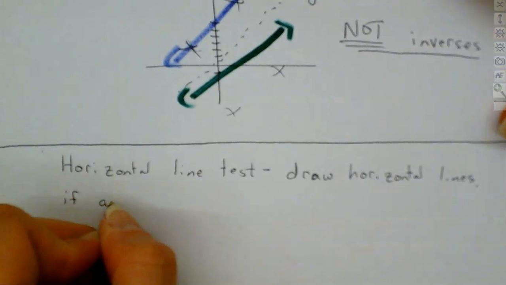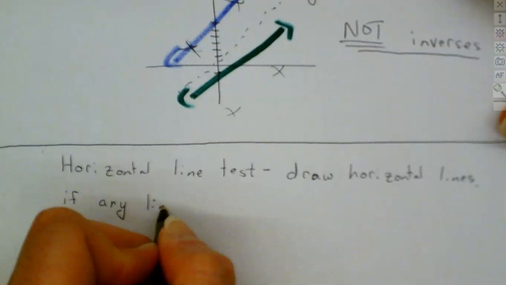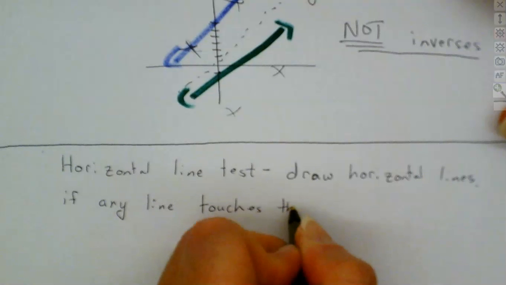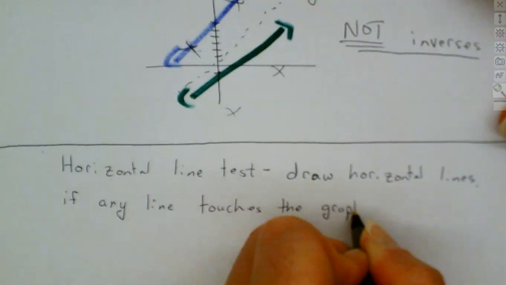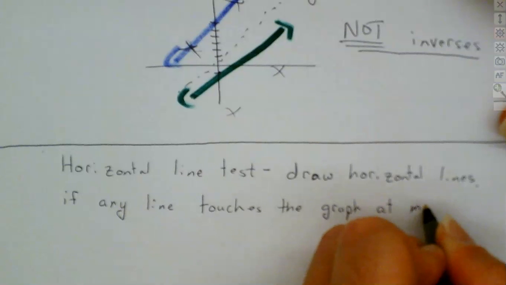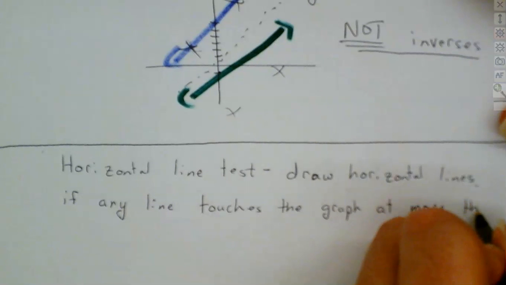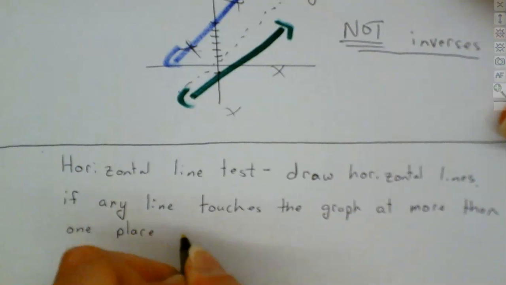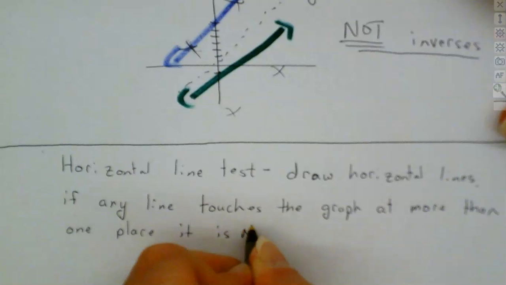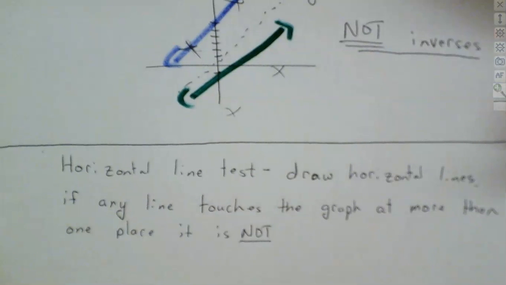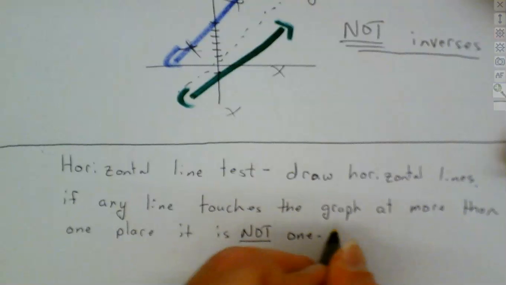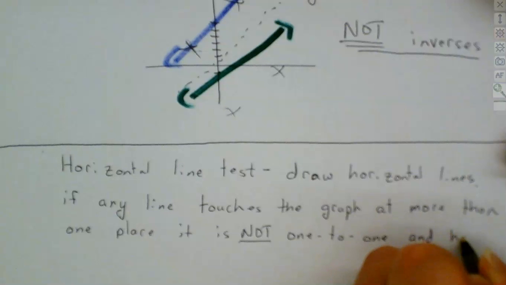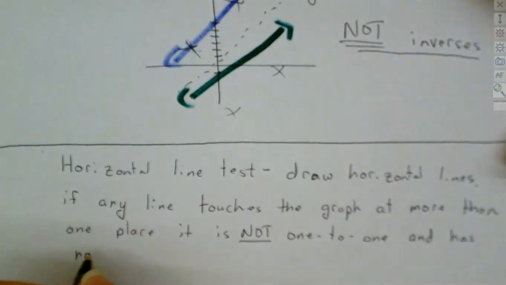If any line touches the graph at more than one place, it is not one-to-one and has no inverse.